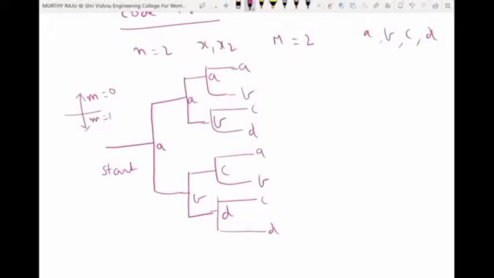Observe this code tree. Here outputs are indicated on every branch of that code tree. Two outputs x1, x2.